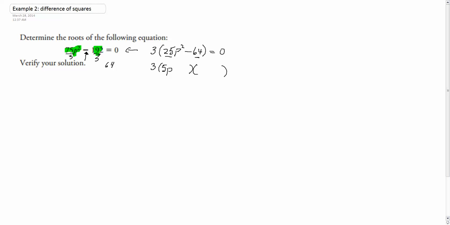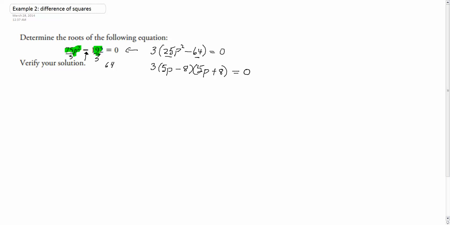We put that as the first term in both of our factors. Then we take the square root of 64. That's 8. It becomes the second term in our factors. And we know that we're going to create conjugates by putting one as subtract 8 and the other as plus 8. And that's equal to 0.